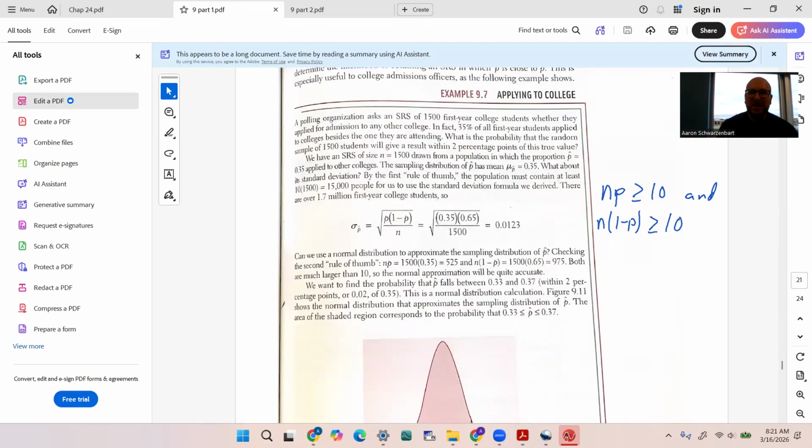Okay, back to recording. So, how can we use this? First we need to test a few things. Is the population more than 10 times the size of the sample?